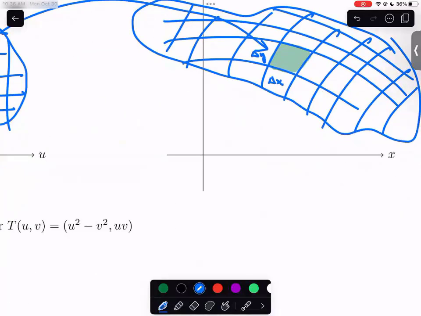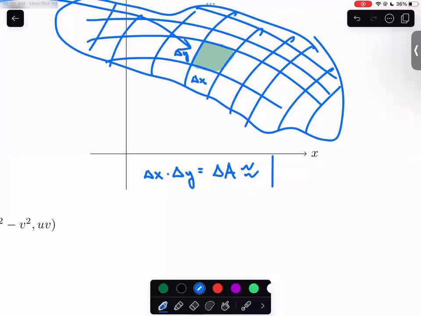And my claim is that this delta X times delta Y, which we've used before, this is maybe just the change in our area, is approximately equal to the absolute value of our Jacobian times delta U, delta V.